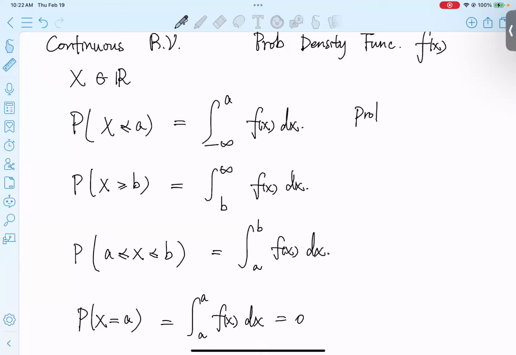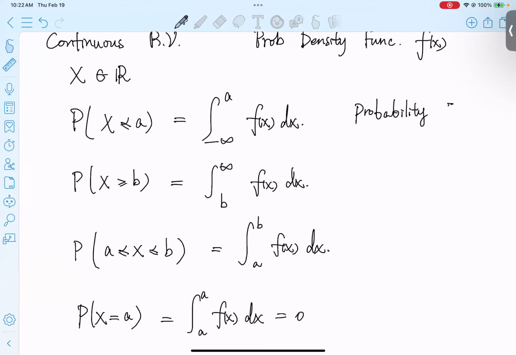All these are probabilities between 0 and 1, a numeric value to quantify how probable something is to happen.